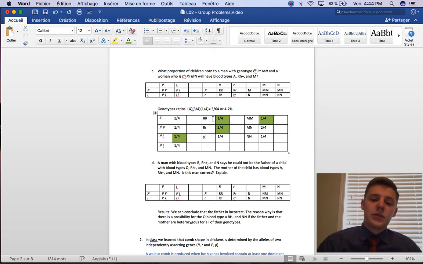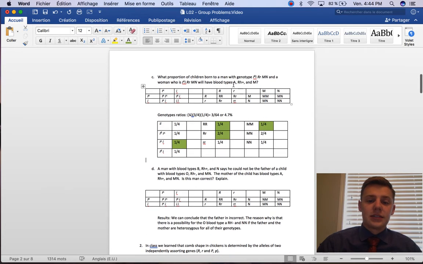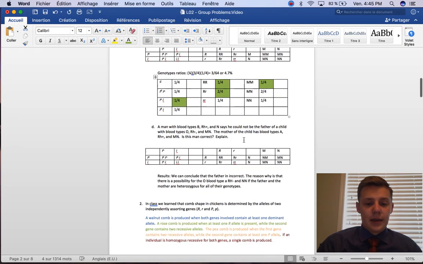So we add these proportions together, 1/4 plus 2/4, and we get 3/4. The last one is 1/4. We multiply these all together and we get 3 out of 64, or a 4.7% chance that they have an offspring of this type of genotype.